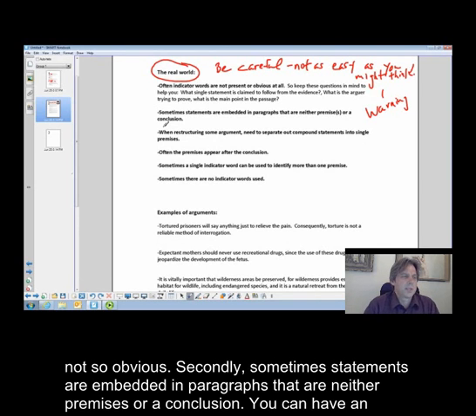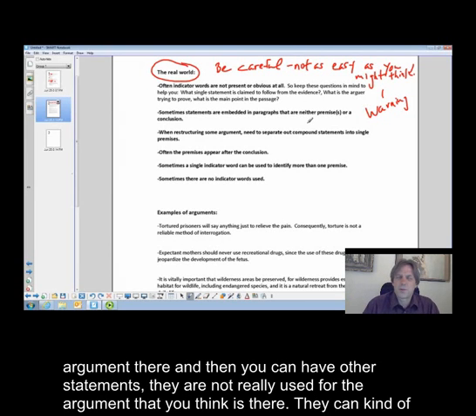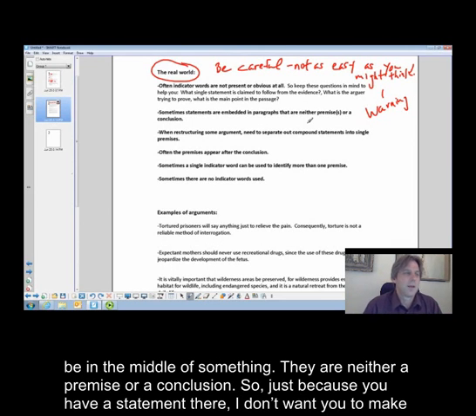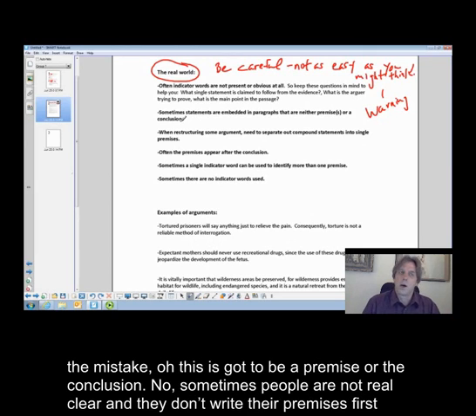Secondly, sometimes statements are embedded in paragraphs that are neither premises nor a conclusion, okay? You can have an argument there, and then you can have other statements that are not really being used for the argument that you think is there. They could kind of be in the middle of something. They're neither a premise nor a conclusion, okay? So just because you have a statement there, I don't want you to make the mistake, oh, well, this has got to be a premise or that conclusion.